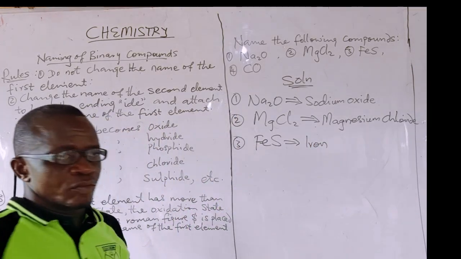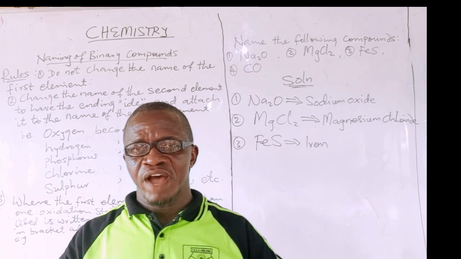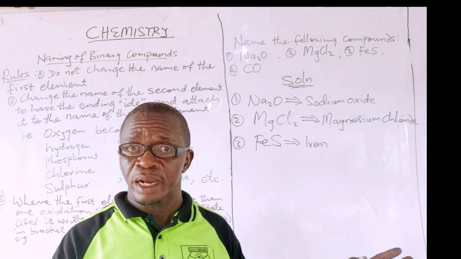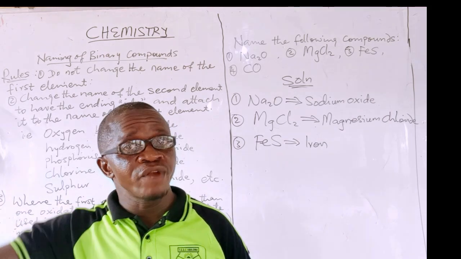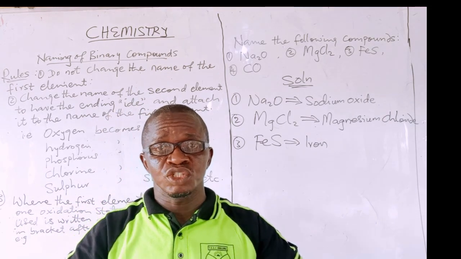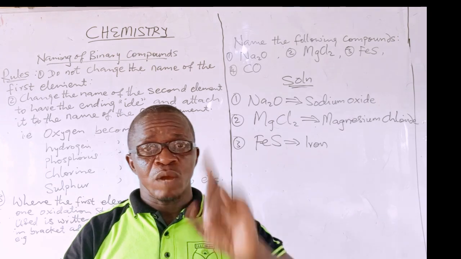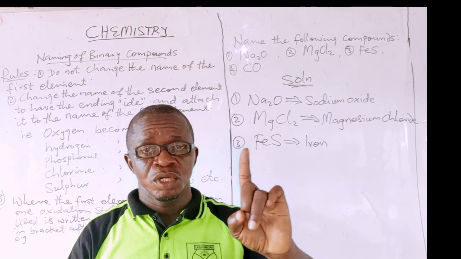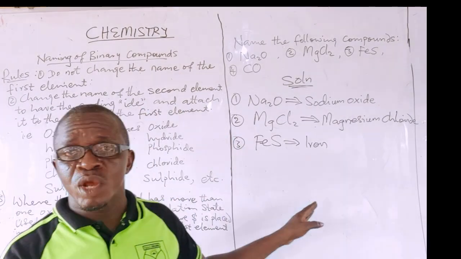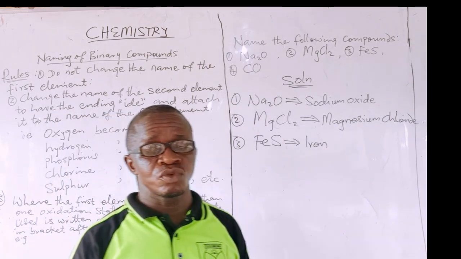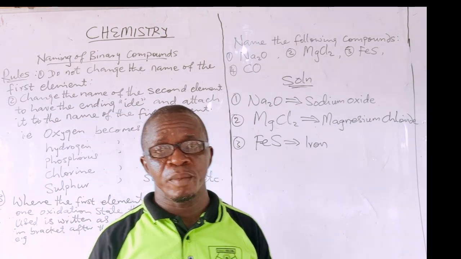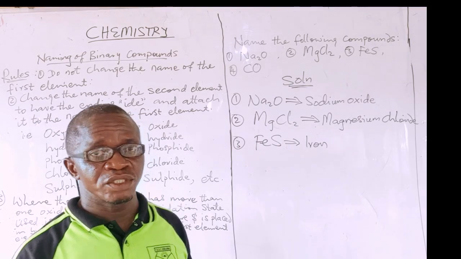Now, it has variable oxidation state. It's a metal, but above the first 20 elements. So that area, they have variable oxidation state, more than one oxidation state. So now I do not know the one that this element has. Remember, I taught you how to calculate the oxidation number of an element.